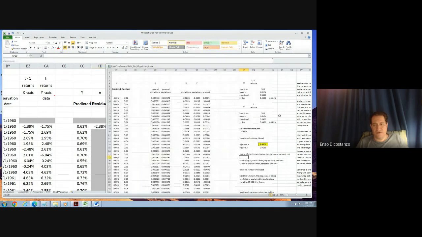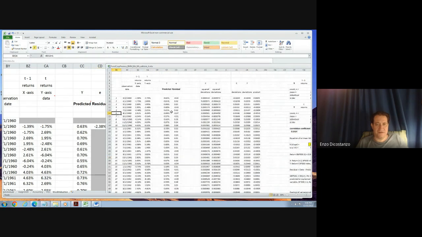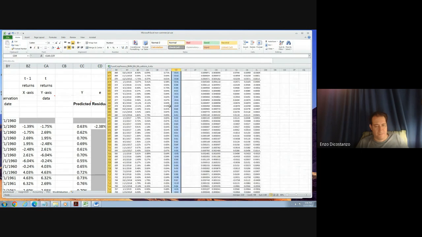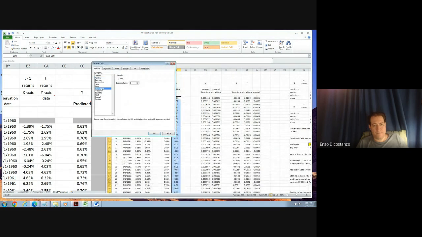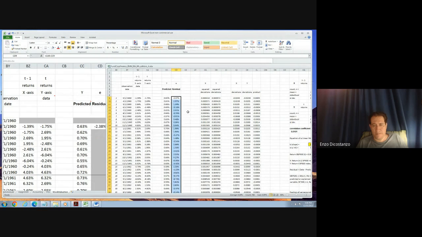Yeah, I don't know why those aren't formatted as percentages. I don't know why, but they should be. And again, as I'm going through my notes, I'm trying to see a better.